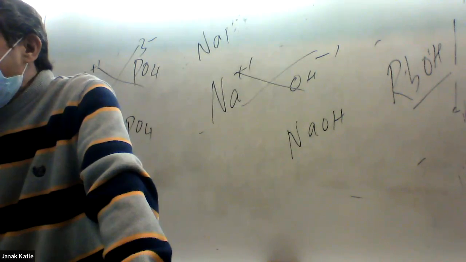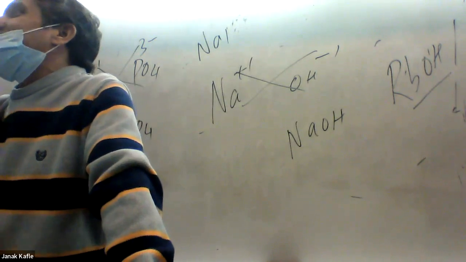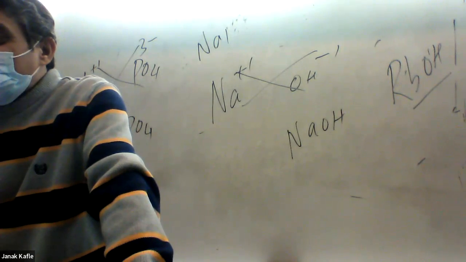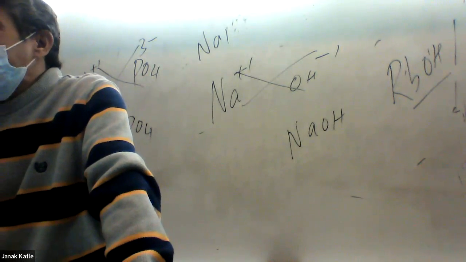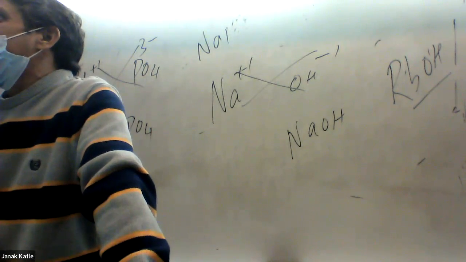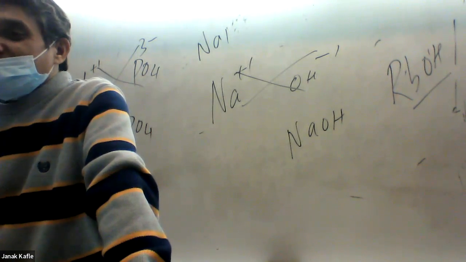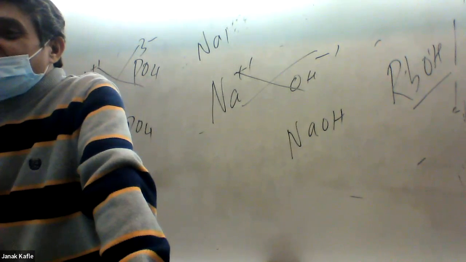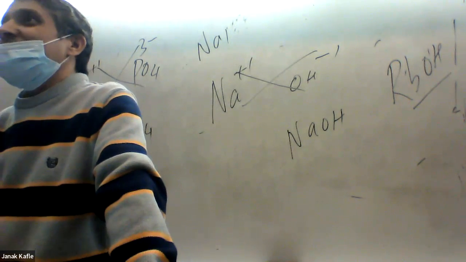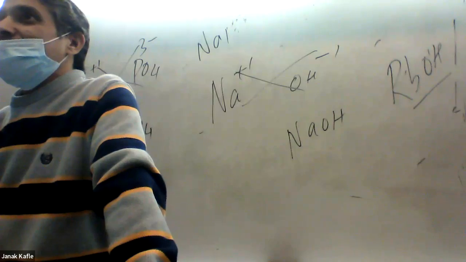But if there is Li, Li and F is soluble. But this table is easiest to work with. Once you know how to use this one, you can easily read the other one yourself. So I strongly suggest using this one to identify which one is soluble and which one is insoluble. Have you got that?